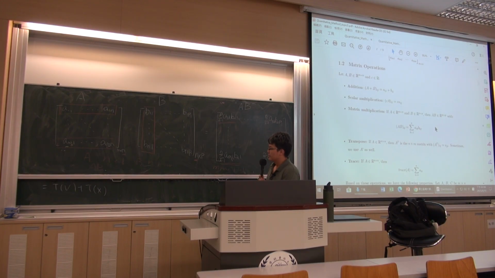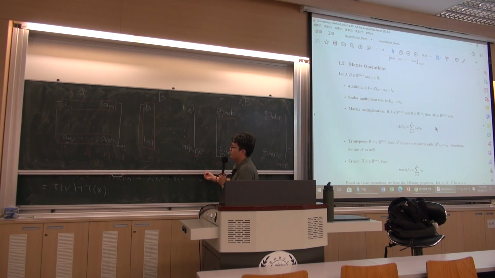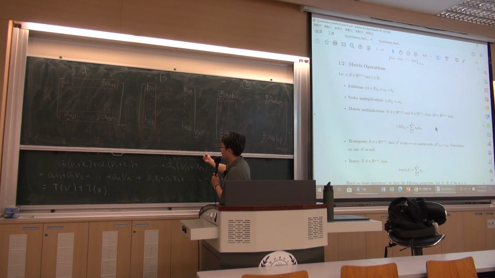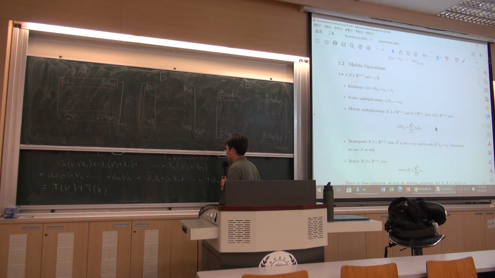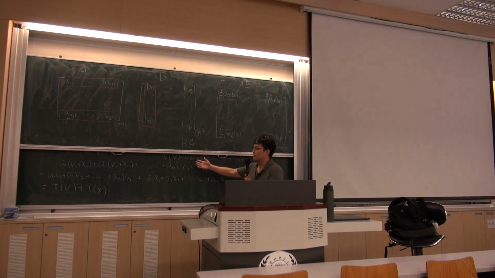Right. So we can do A multiplied by B, and can we do B multiplied by A? I saw someone shaking their head. Yeah, so the correct answer is not necessarily.